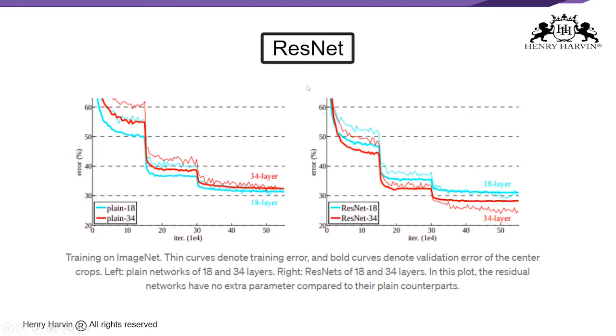Here we can see a plot where they have plotted the error percentage on the y-axis and iterations on the x-axis. Here you can see plain networks, and here you can see ResNet: plain 18, plain 34, and ResNet 18 and ResNet 34.